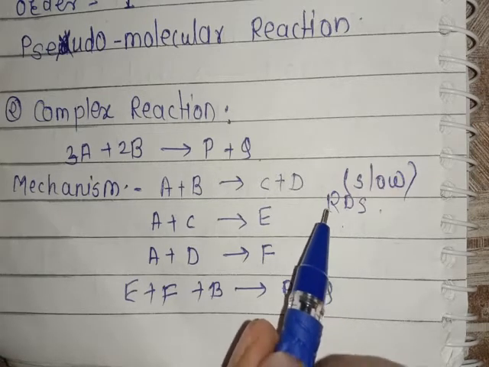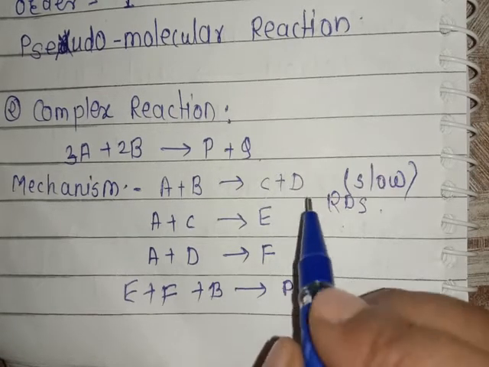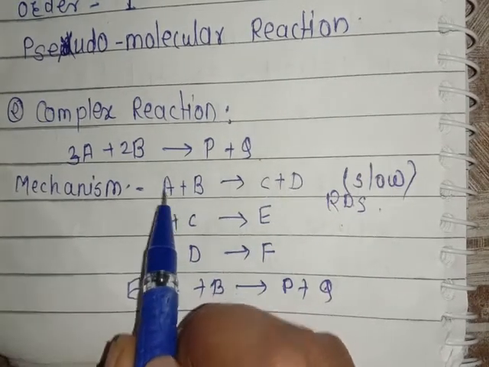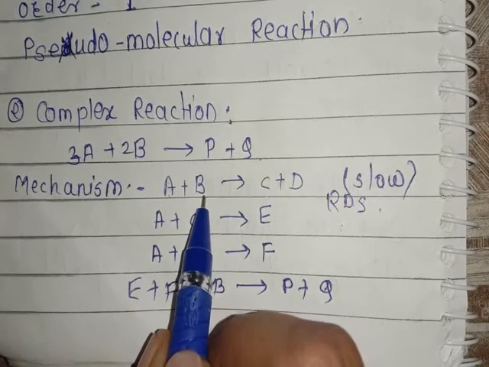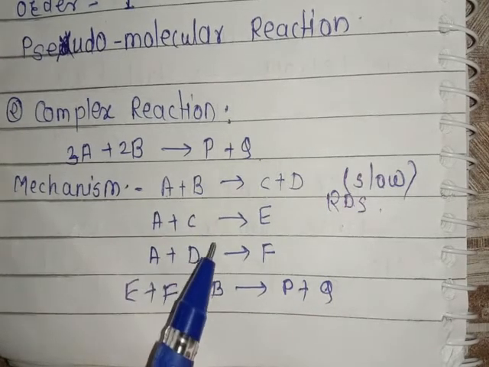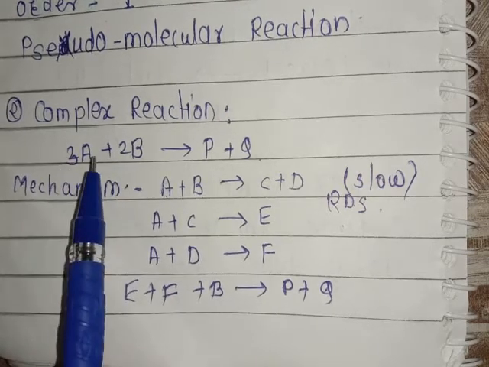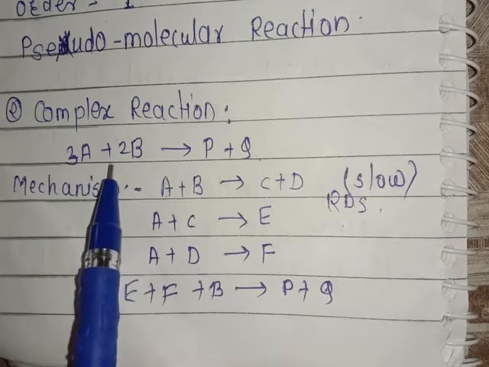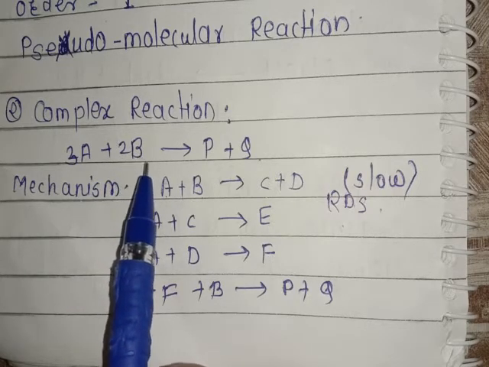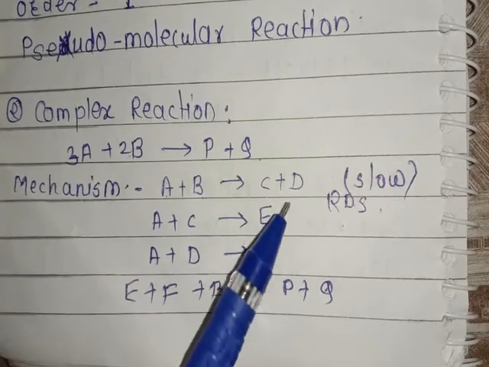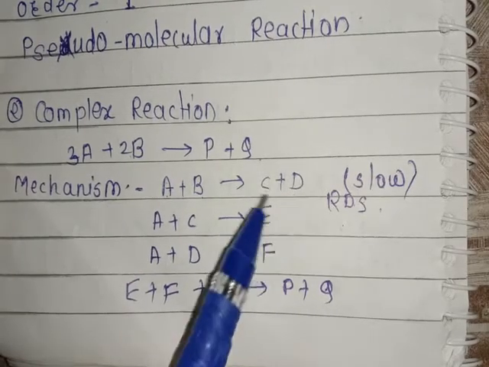So the overall rate of reaction depends on the concentration of A and the concentration of B, while the molecularity depends on how many moles are present in your reactant molecules. Therefore, the molecularity for this reaction is 5 and the order of this reaction is 2.